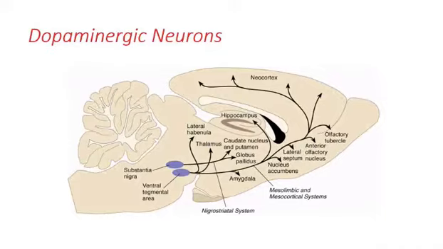Then we have the ventral tegmental area that gives rise to more of the mesolimbic system, amygdala, thalamus, habenula, which is involved in reinforcement, nucleus accumbens, and then we have the mesostriatal system that goes into the frontal cortex that I talked about. So those are kind of the four, or the three systems of dopaminergic neurons.